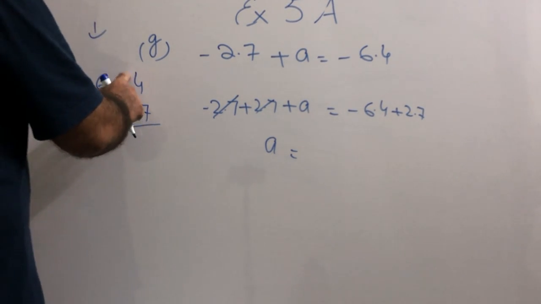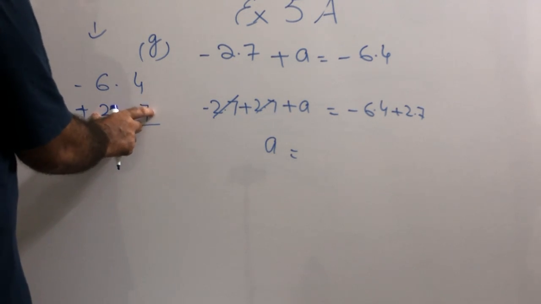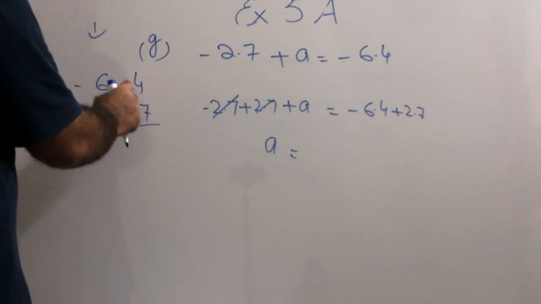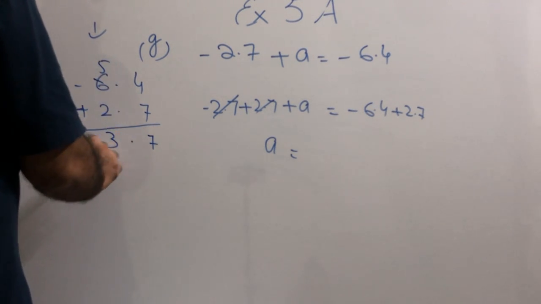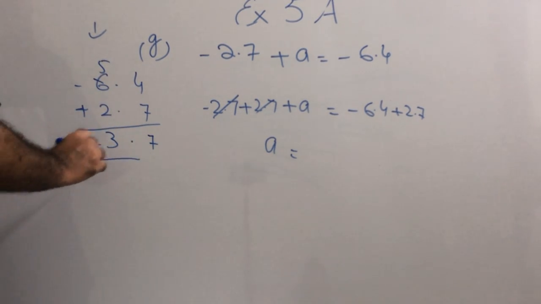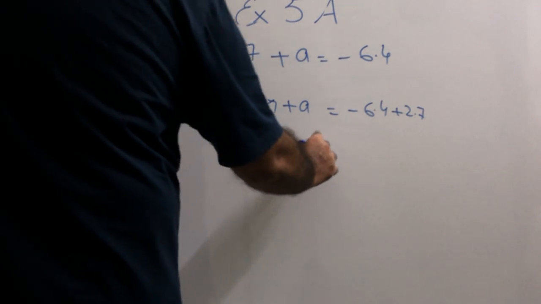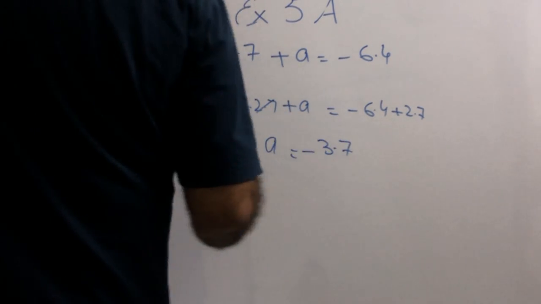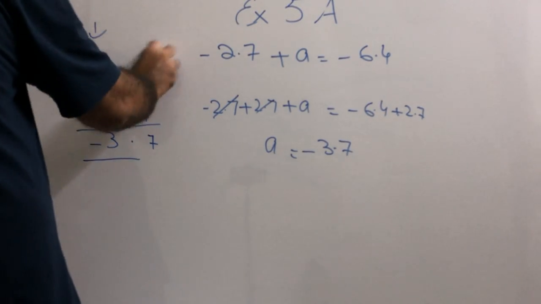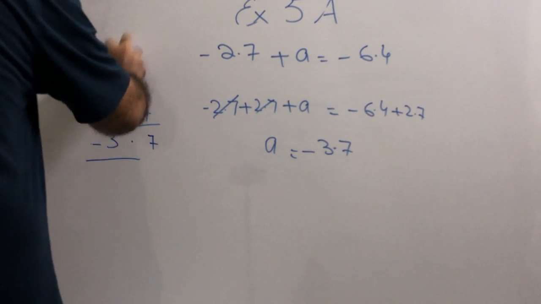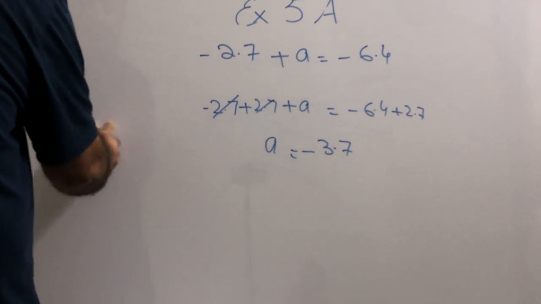So now we will remove this portion from the loan. 14 minus 7 is 7, 5 minus 2 is 3, 3.7 dollars is your loan, so our answer is minus 3.7.